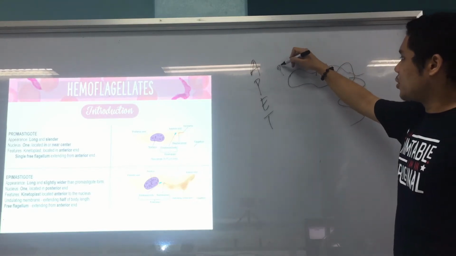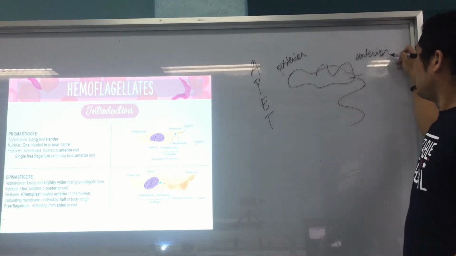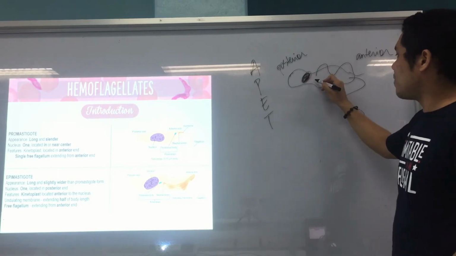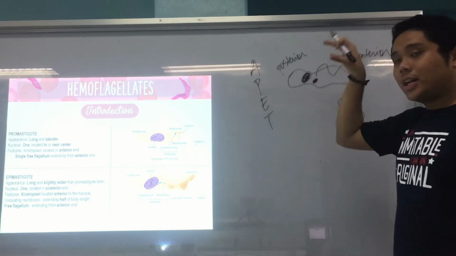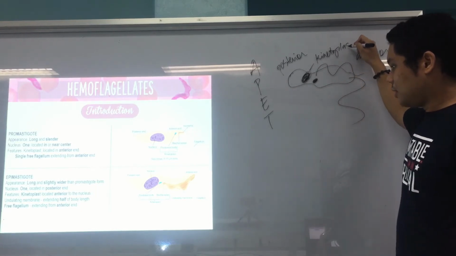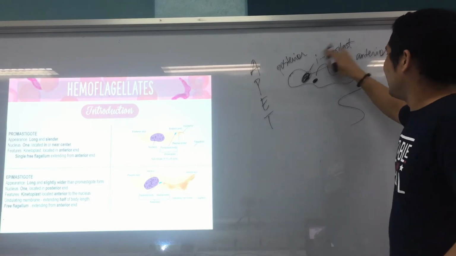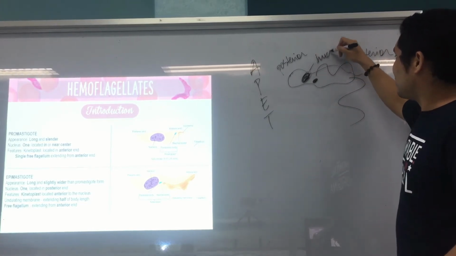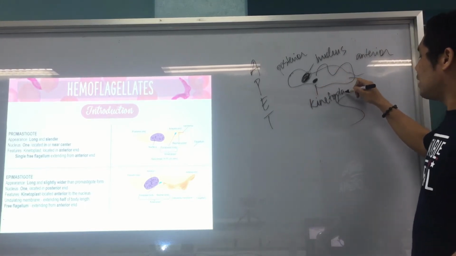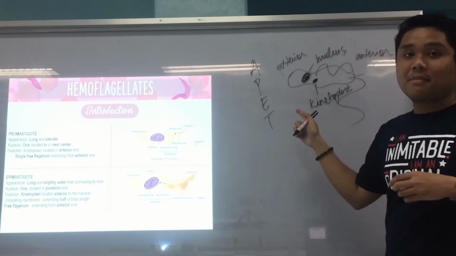So this is the posterior, the back, and this is the front, anterior. Sorry, this is the nucleus, and this is your kinetoplast. The kinetoplast is in front, anterior to your nucleus. So this is your epimastigote.